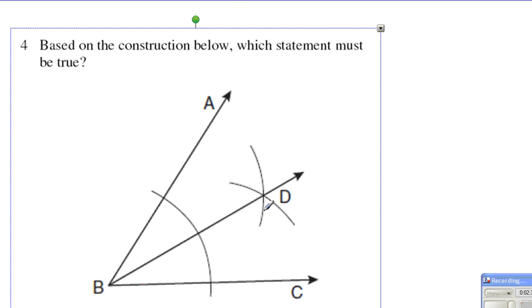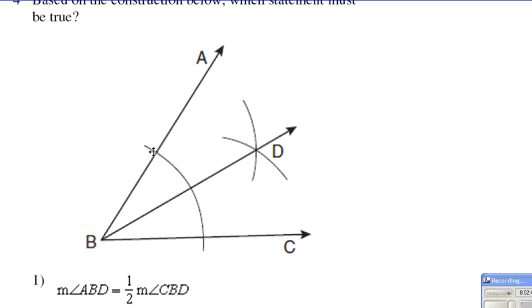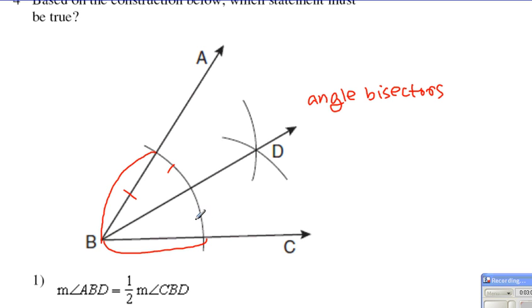All right, next. Now, when you look into this construction, notice that this mark that you see here means that line segment from here to here must be equal to this line segment. And from there, we are cutting up these two. Basically, this is the construction of the angle bisectors. Meaning, this angle must be equal to that angle.